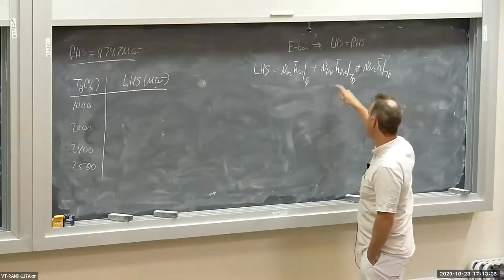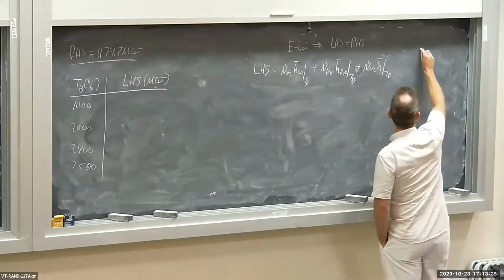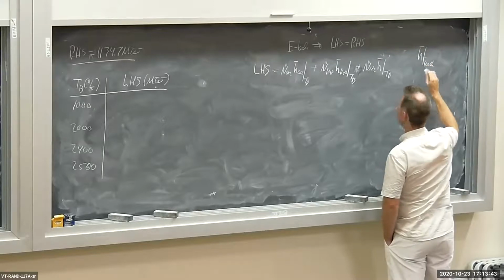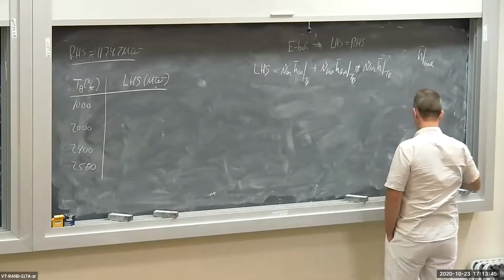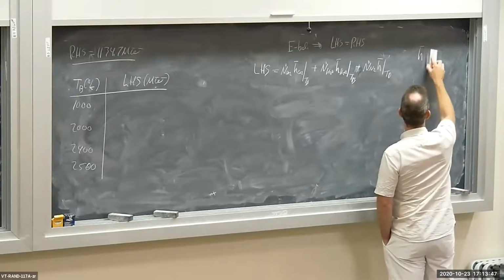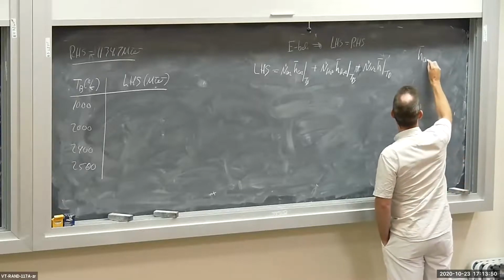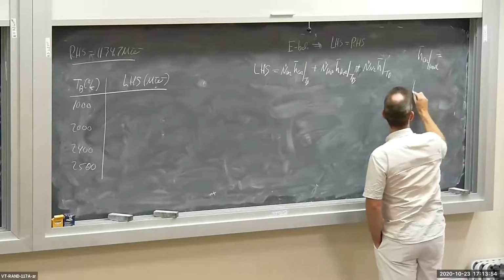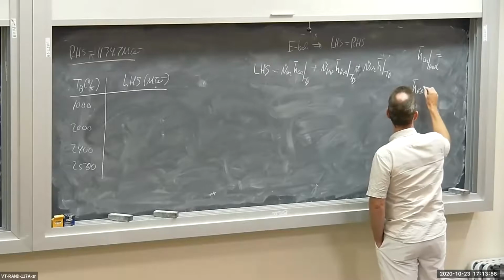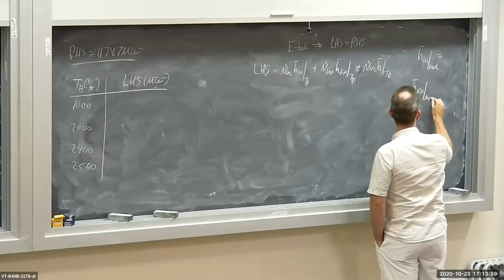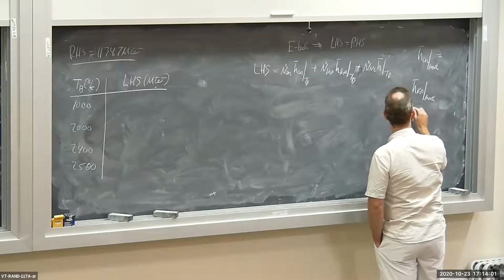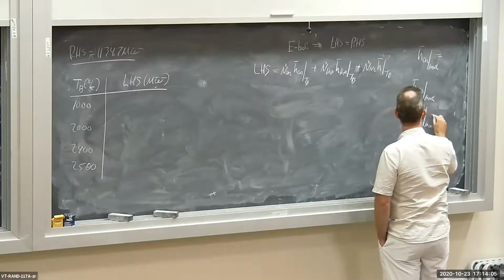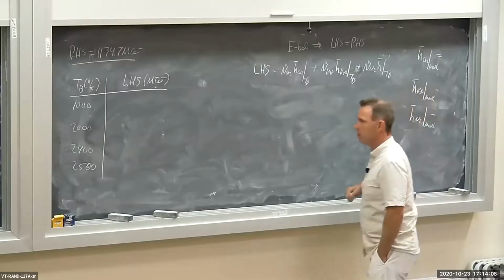Let me calculate the H bars at 1,000 degrees. Let's do it for the CO2, and let's do the H2O, and let's do the nitrogen. Okay, let's get these things.